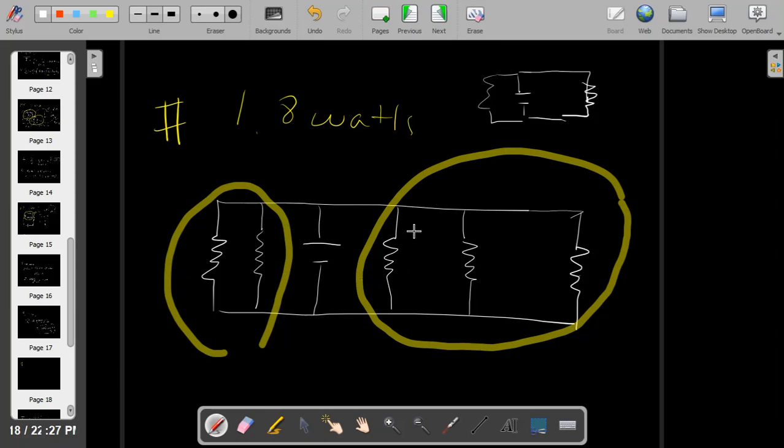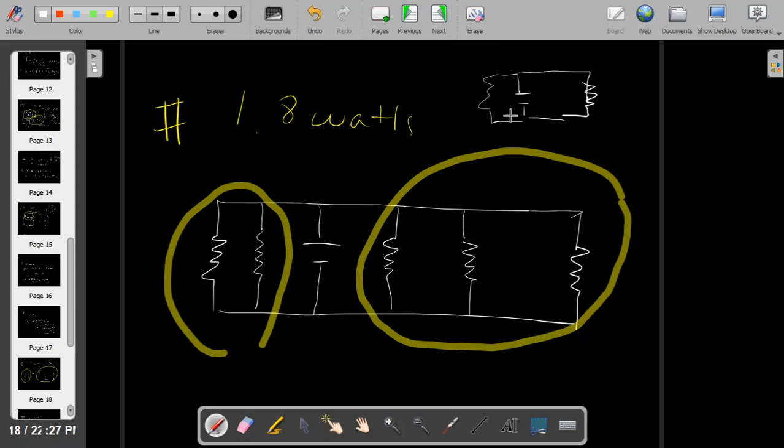These 3 are 1, but this is still in a kind of a series. So maybe I can put them just all in a series. Could I put them all in a series? There's 1, 2, 3, 4, 5 of them. And if I just draw it like this, they're still in a parallel format. That is not going to help me.